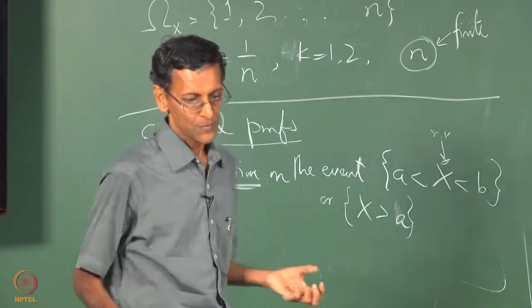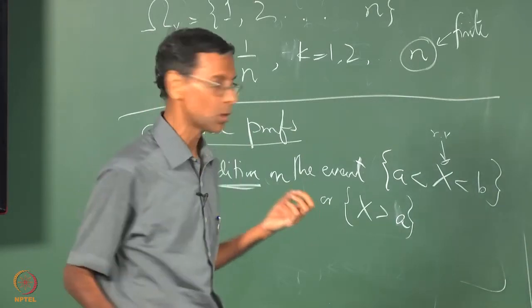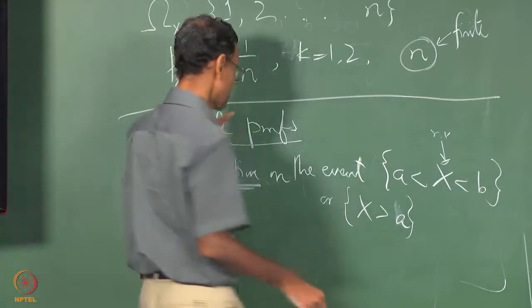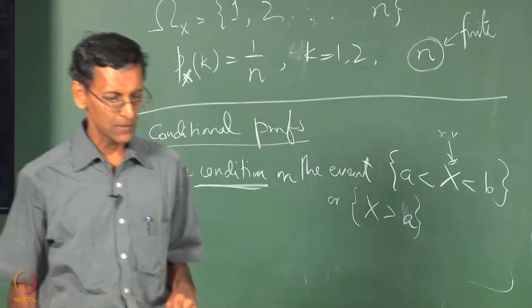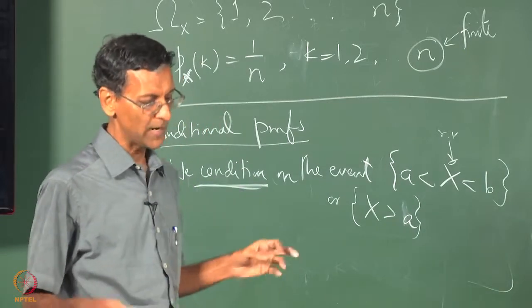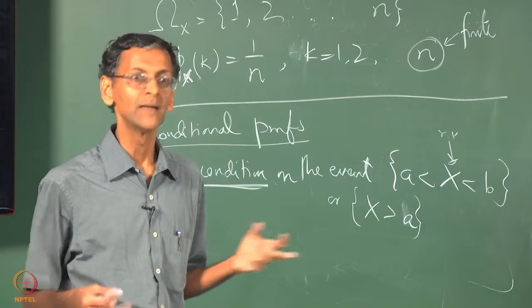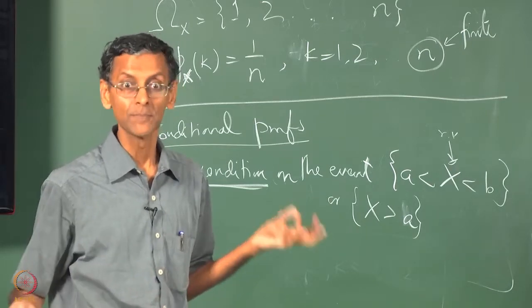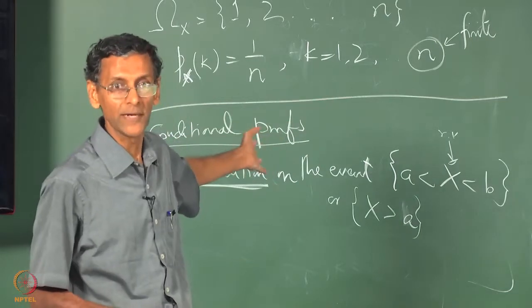Instead of looking at the general case, what we will do tomorrow is to start this discussion again. We will restrict ourselves to the case that omega x is some subset of integers, rather than some arbitrary set, and then we will put some flesh on this point.